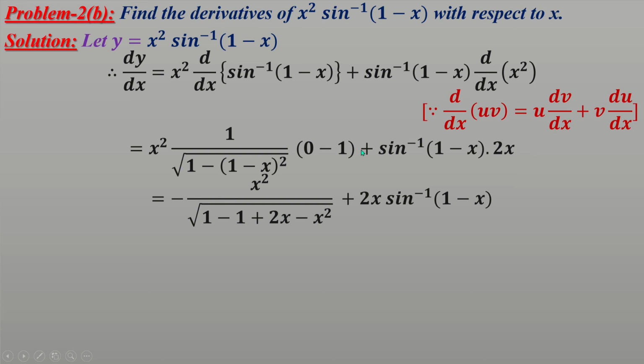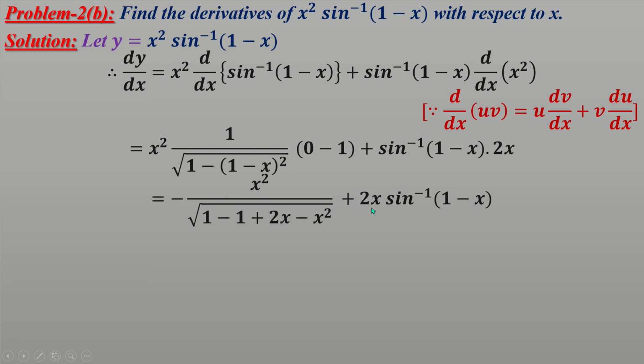Now here will be minus x square divided by square root of 1 minus 1 minus 2x plus x square. After multiplying the minus inside the bracket, we get this 1 cancelled, and here is fixed.